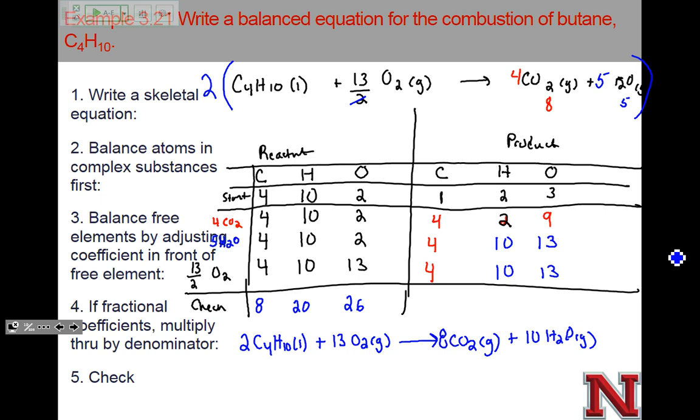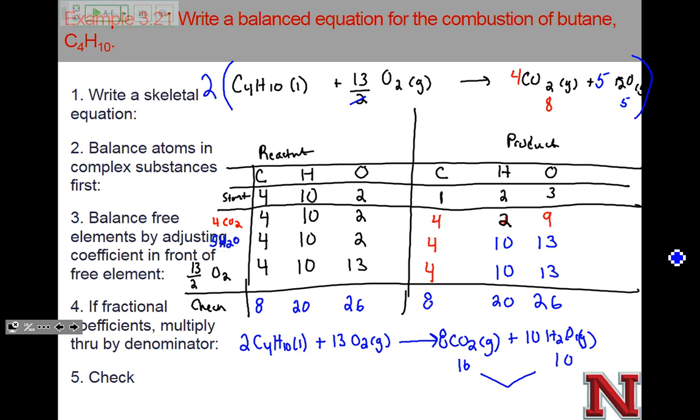And my final product, I have 8 carbons, I have 20 hydrogens, and then I have 16 oxygens in CO2 and 10 in my H2O term. So that is a total 26. My oxygens are balanced, my hydrogens are balanced, my carbon is balanced, and there is no number I can divide all of these by. So this is my balanced equation.